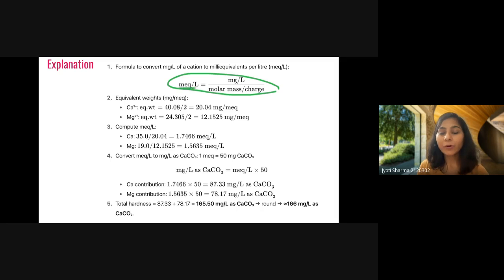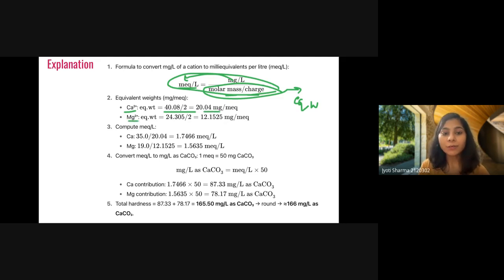So if we want to convert mg per liter into milli equivalent per liter, then we have to divide it by molar mass divided by charge. If we are talking about calcium, this is known as the equivalent weight. So first we are calculating the equivalent weight. This will be 40 by 2, 20, approximately 20.